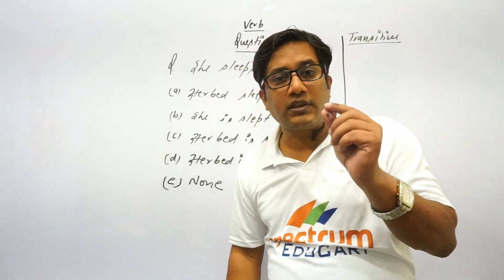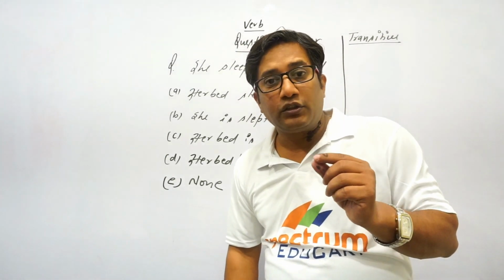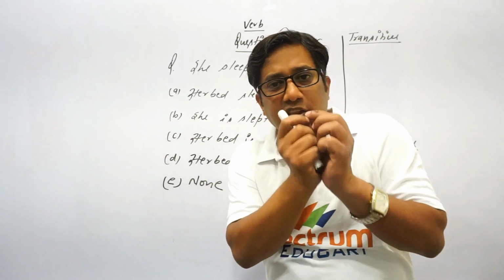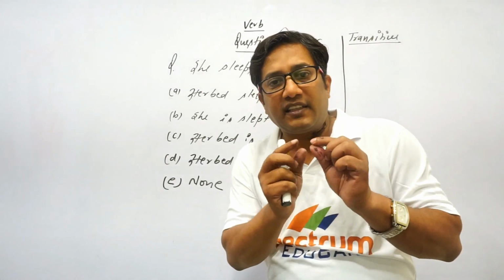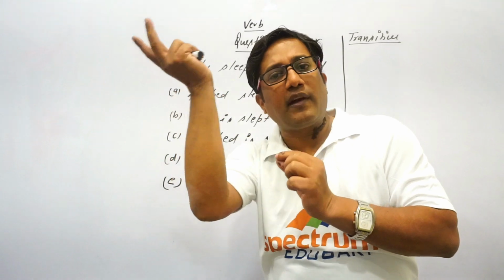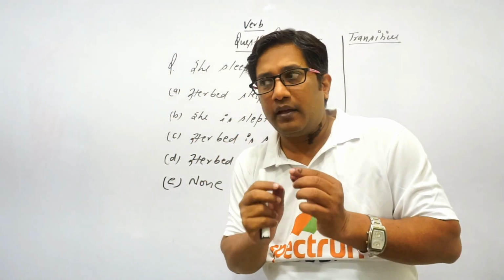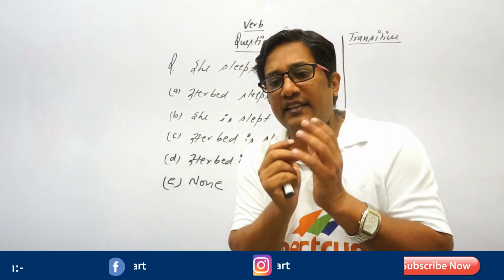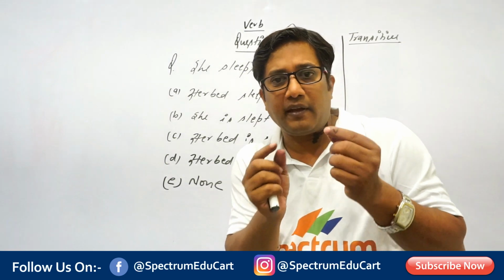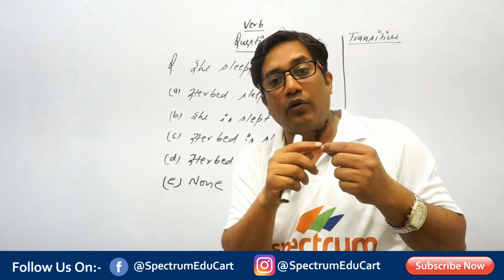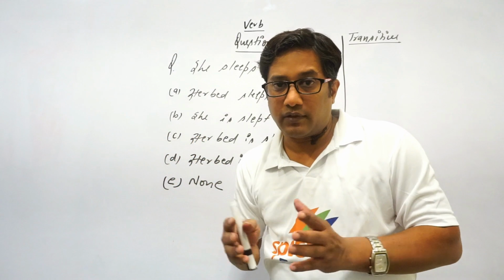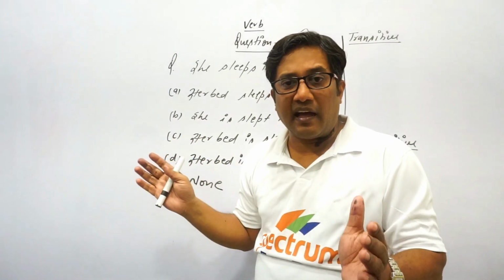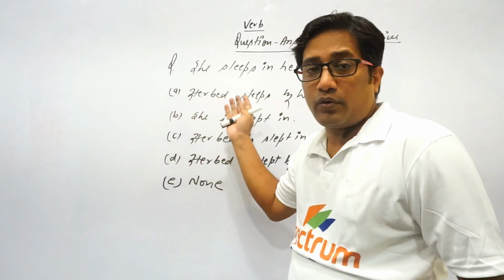But when you talk about English grammar, that single small point can be attached with several other points as well, such as noun, pronoun, adjective and other things. So now let's have a glance over this particular question.